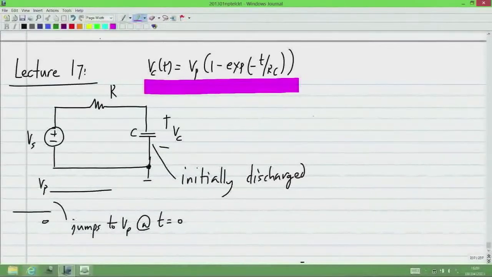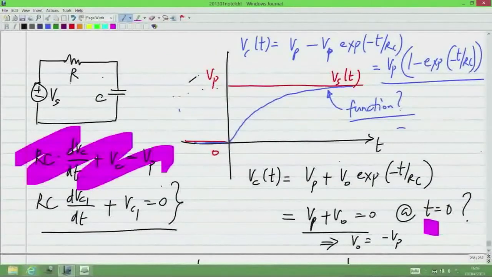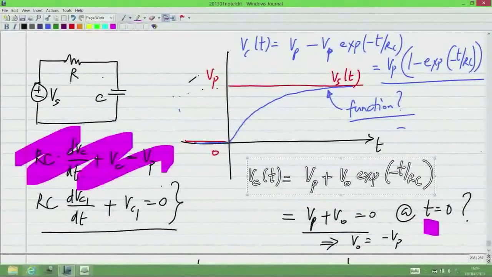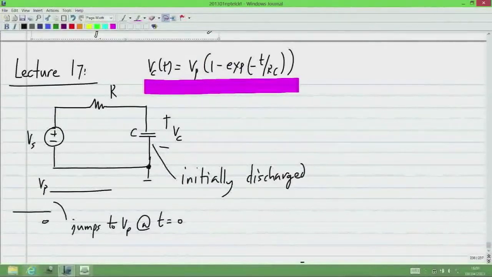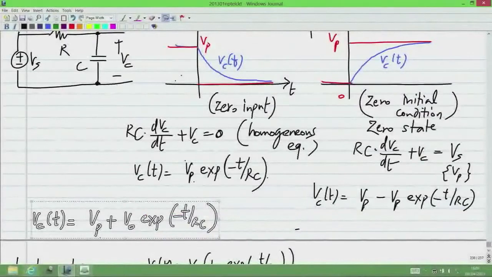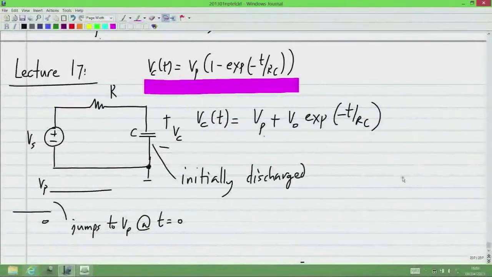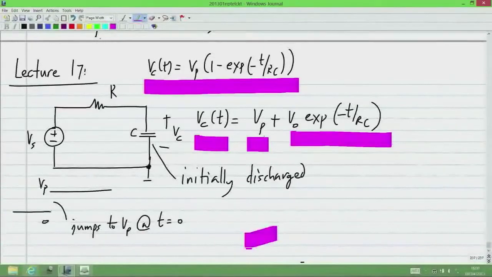The general form of the expression turned out to be of this type, where Vc of t would be Vp, the applied voltage, plus some exponential, and this coefficient V0 had to be calculated from initial conditions.